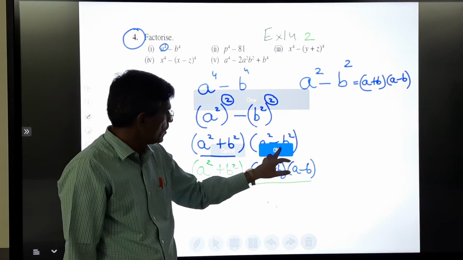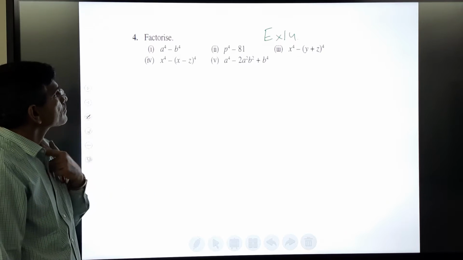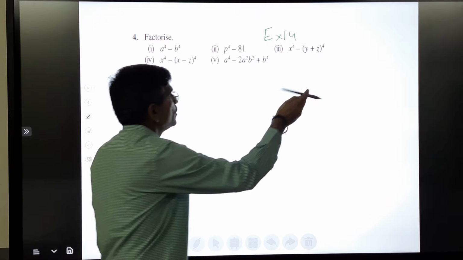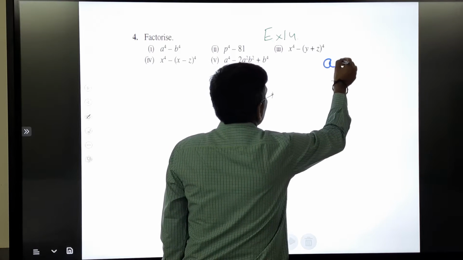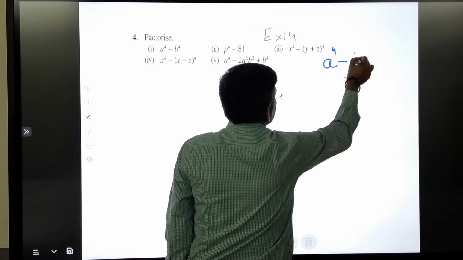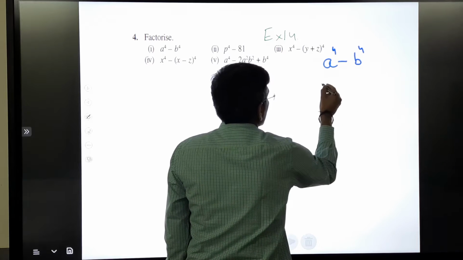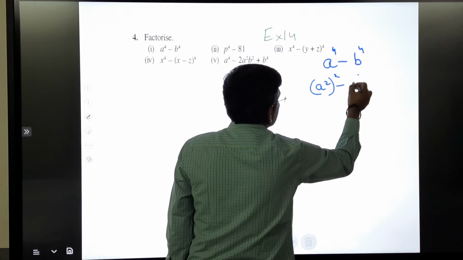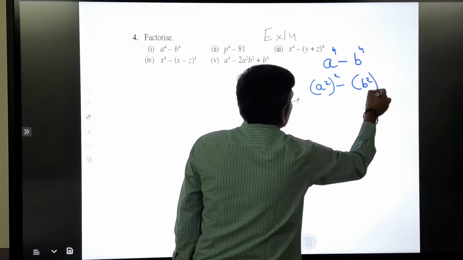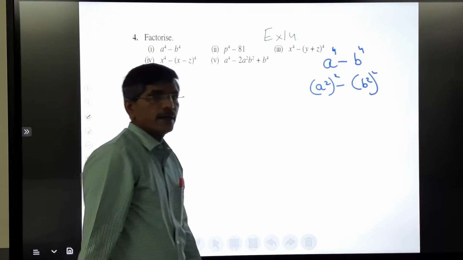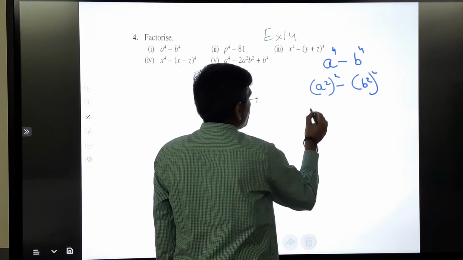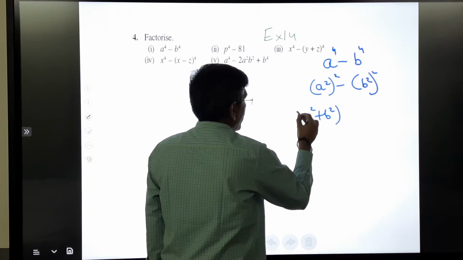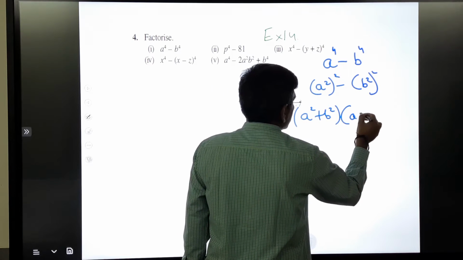Again I explain. When power 4 is there, what do we have to do? Again I write a to the power 4 minus b to the power 4. What I am writing is a square whole to square minus b square whole to square. Now to remove the power 2, a square plus b square and a square minus b square.